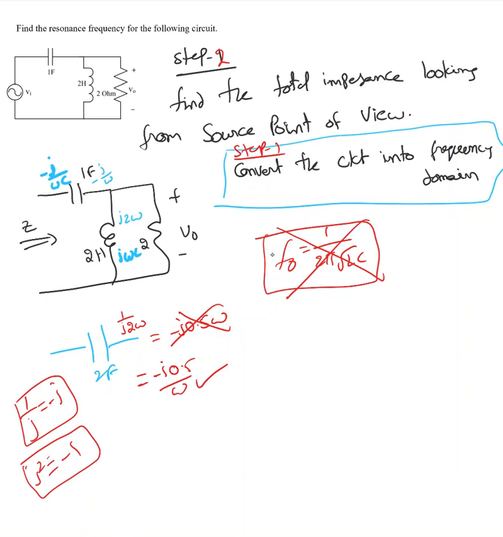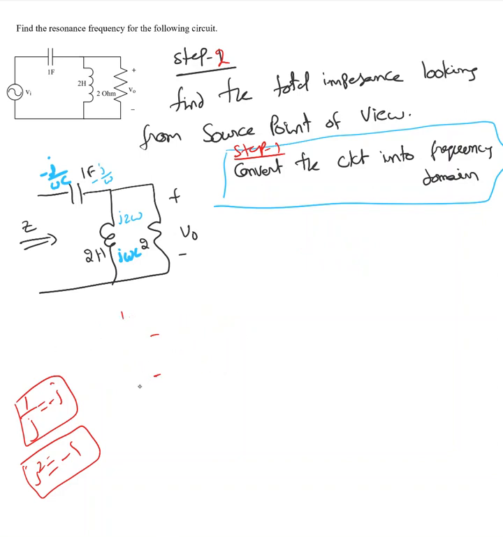Now let me erase this so I can have enough room here. Now I'm going to find the total impedance. So Z total equals, I can clearly see these two are in parallel: j omega L, which is j2 omega, with 2 ohms. That combination is in series with 1 over j omega.